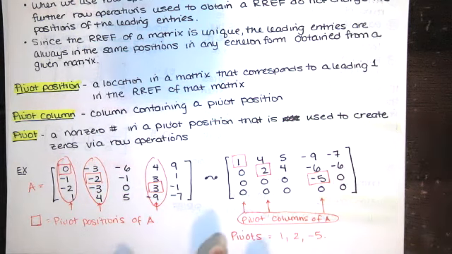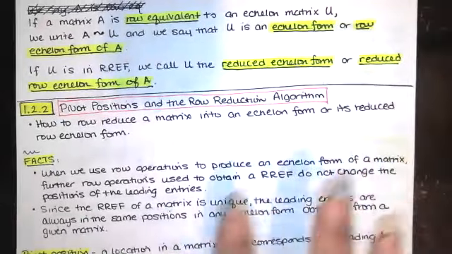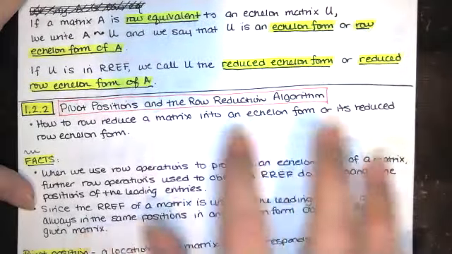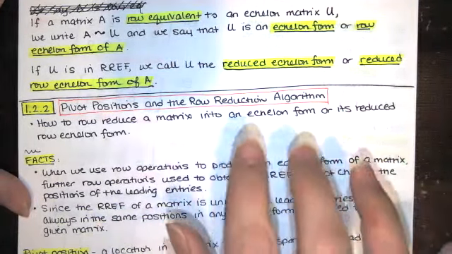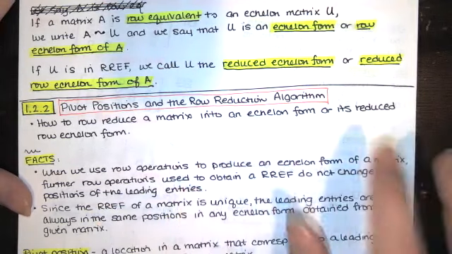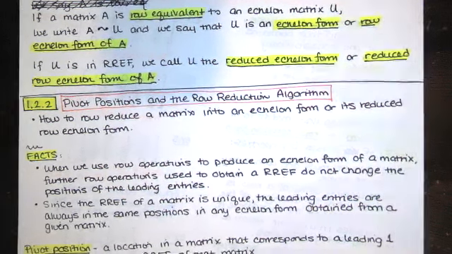Okay, so now that we have this terminology under our belts, we can talk about the row reduction algorithm that will allow us to take a matrix and convert it to an echelon form, and then take that matrix in echelon form and convert it to its reduced row echelon form. I'm going to list the steps on the right-hand side as we go through this row reduction algorithm. I think it's clearer and easier to see what's going on when you see an example.